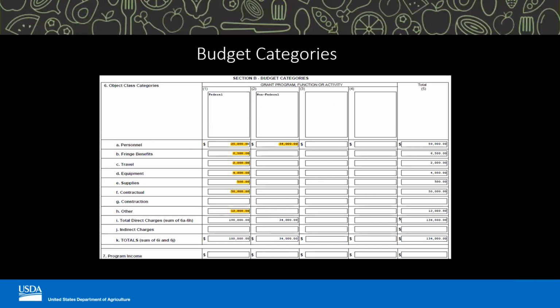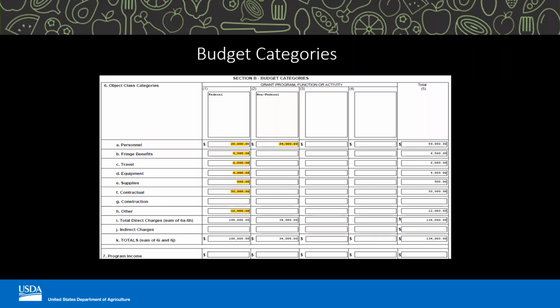On this page of the SF 424A, which is identified as section B, you will provide a breakdown of the federal amount requested and the non-federal match by budget category. The categories listed on the form and the amount should align with your budget narrative and the budget which you have submitted.